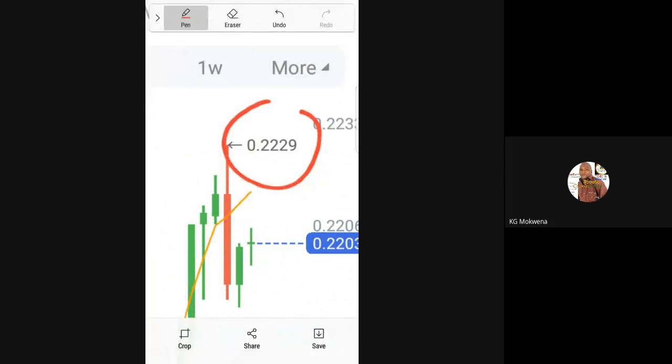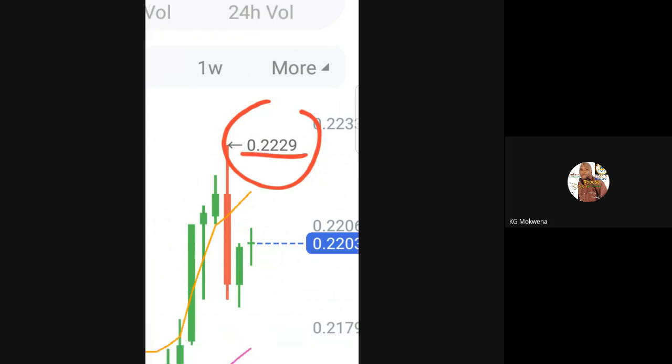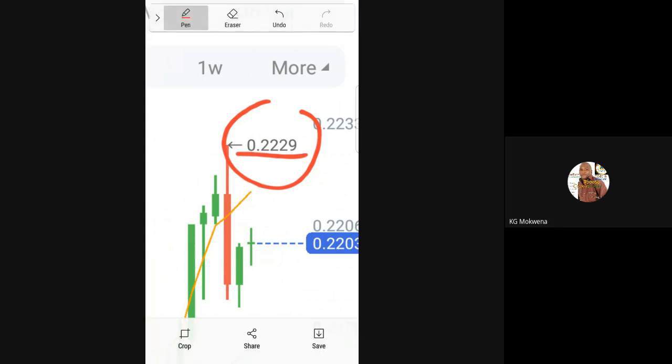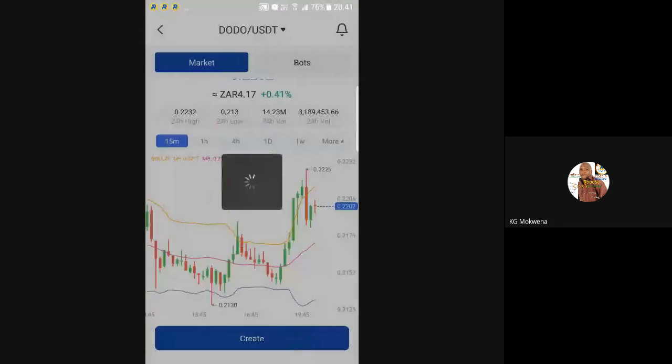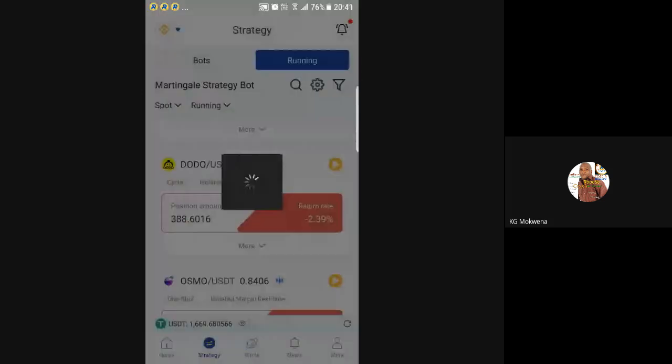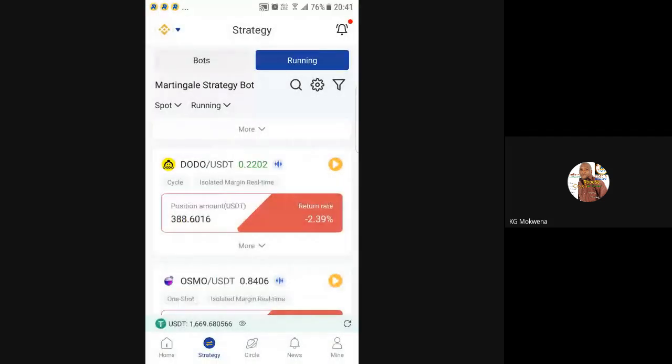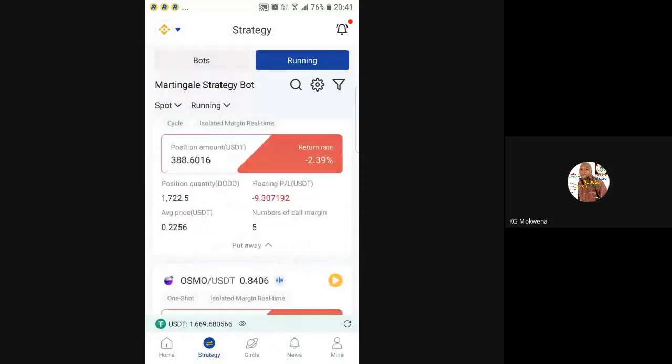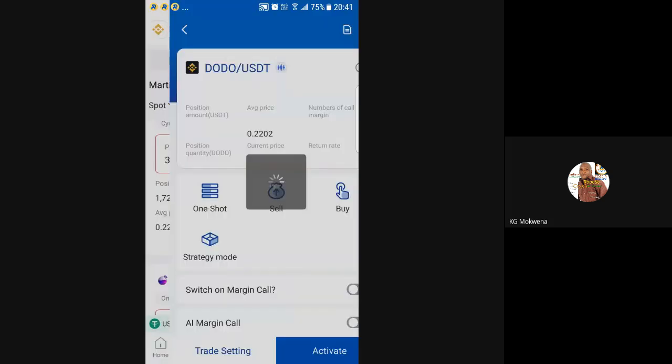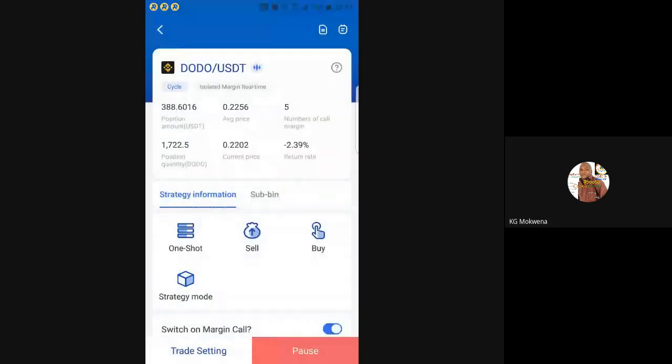So if it went that high, let's check if this is above the average price or not. We're going to check from the trade settings. Okay, let's click and check from the sub positions.